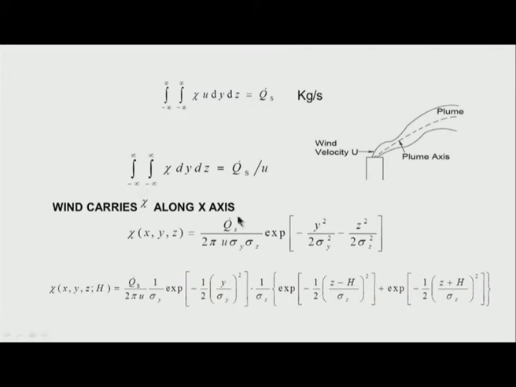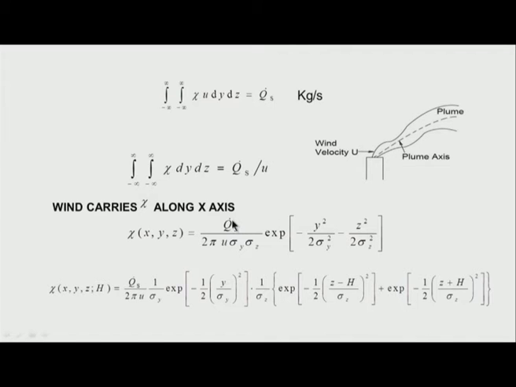The mass I am considering is q dot s divided by u into exponential of minus y squared by 2 sigma y squared, where sigma y is the standard deviation in the y direction, minus z squared by 2 sigma z squared. This is my concentration, because root 2 pi into root 2 pi gives me 2 pi, and this is the way the wind carries the concentration along the particular x axis.